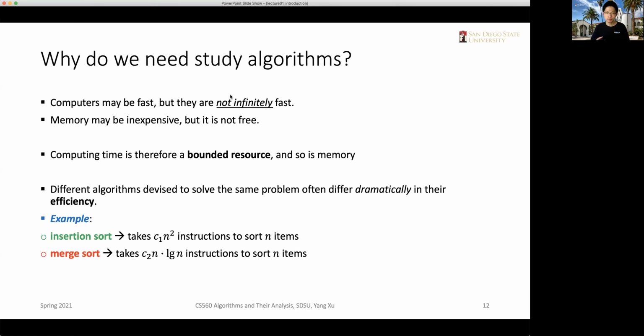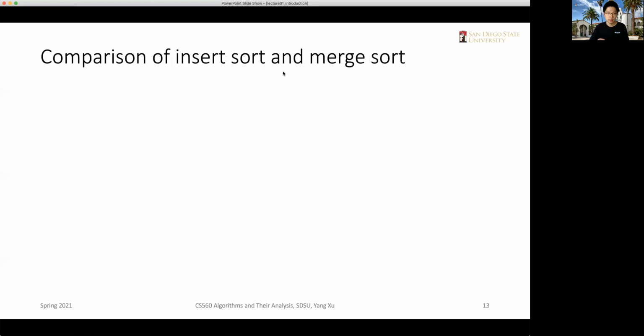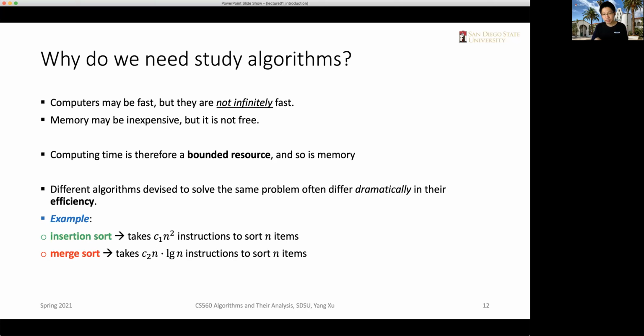The second algorithm we compare with is the merge sort algorithm. It will take C2 times n times logarithm of n instructions to sort n items. So we are comparing these two. We have C1 and C2, right?